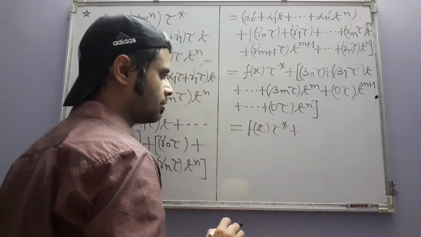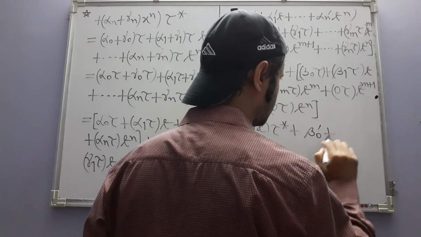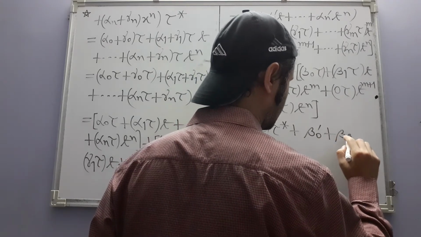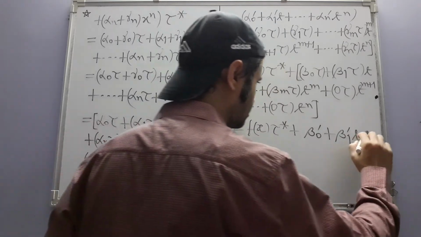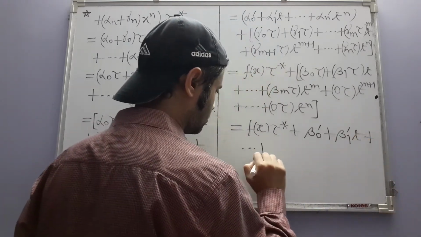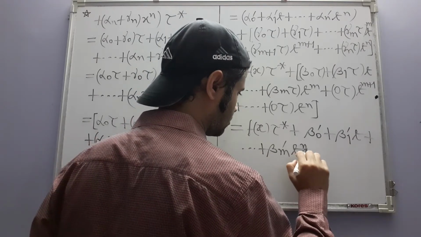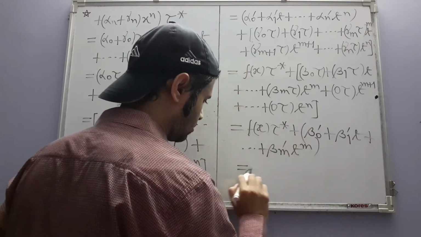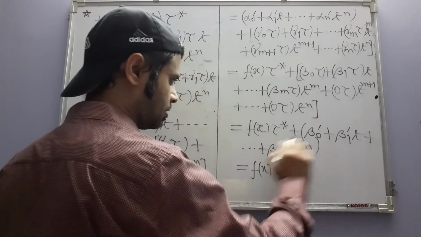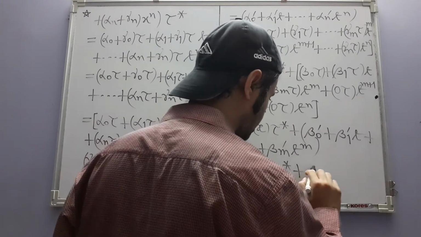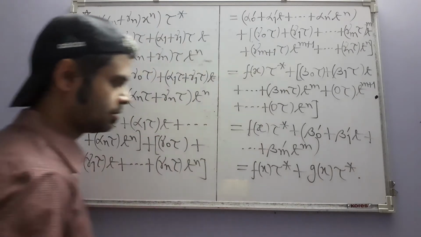Plus, now you can use our slightly less cumbersome notation and write this like this. Now this second term is nothing but the tau star image of the second polynomial g(x).